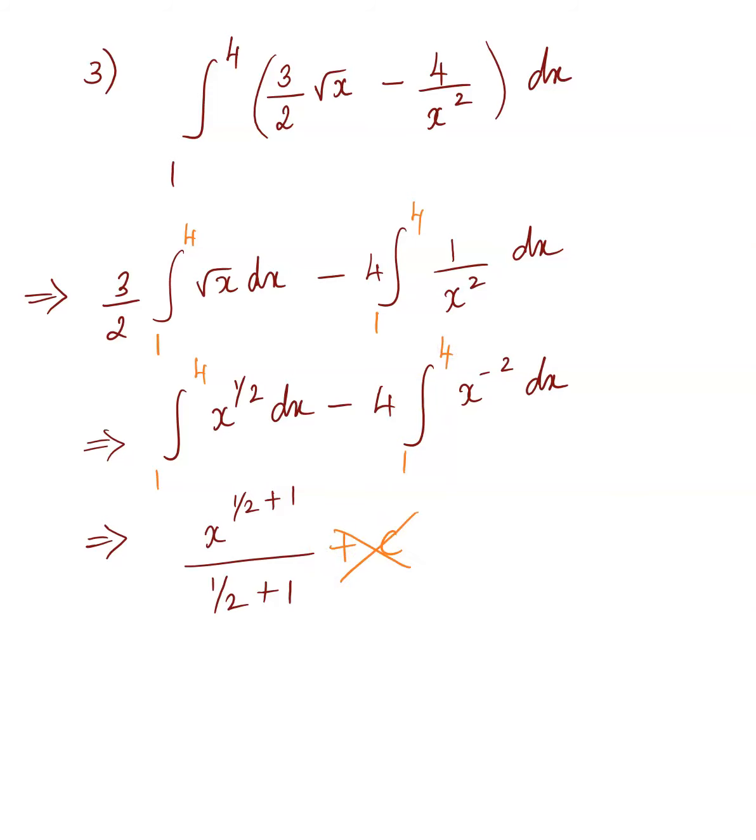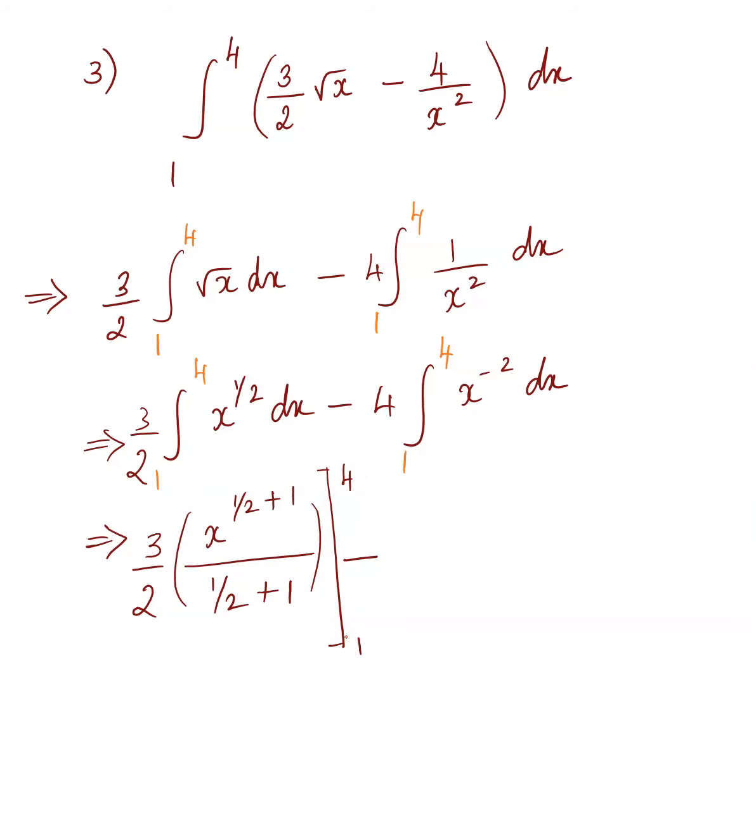Then there is this 3 over 2, which is missing. I'll remove this plus c, minus. Once I take the integration, I have to enter the limits like this.